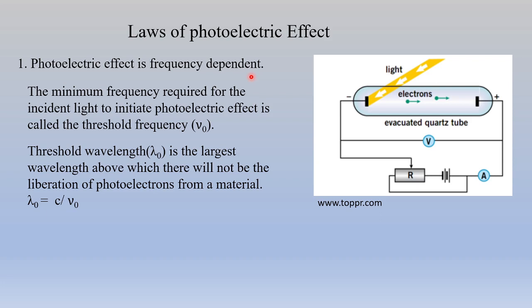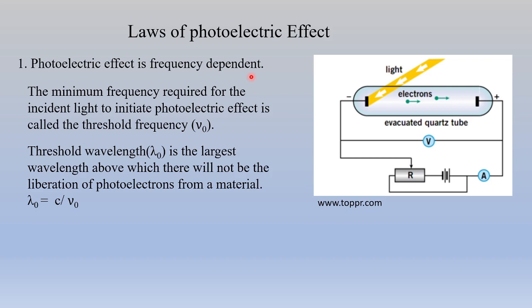Next, once the photoelectric effect starts, the intensity has some role. After the photoelectric effect happens, when the intensity of light increases, the photoelectric current increases. Because when the intensity of light increases or decreases, the number of photons incident on the metal surface per unit area is increasing or decreasing.